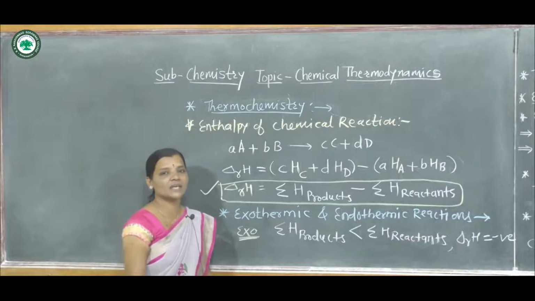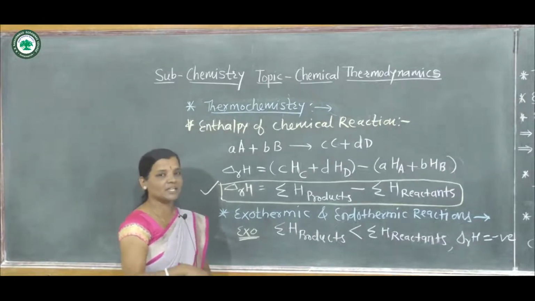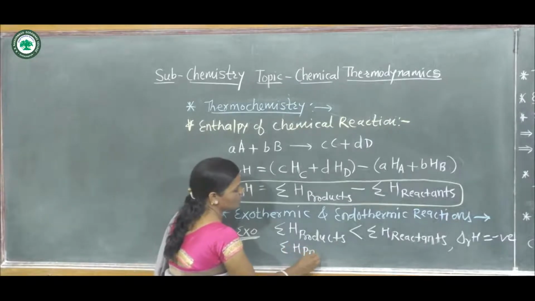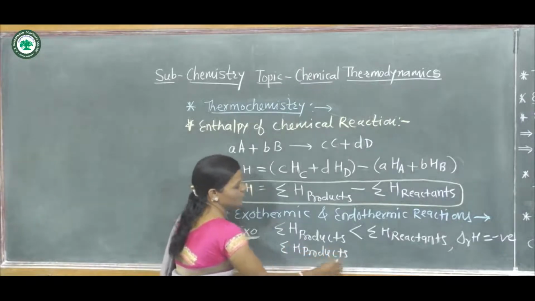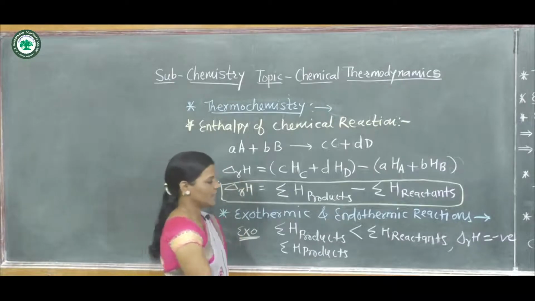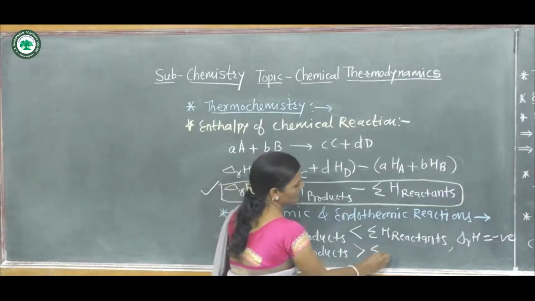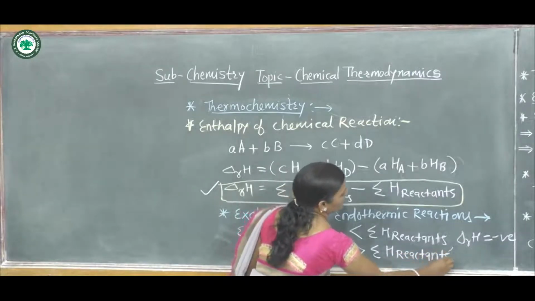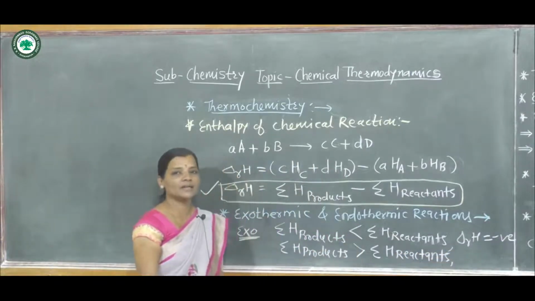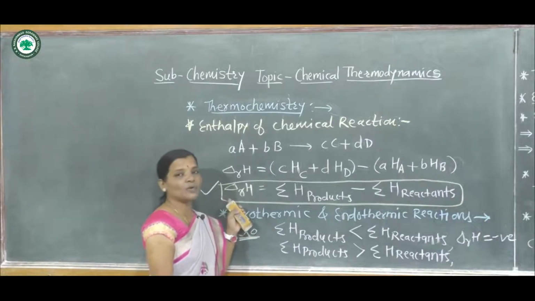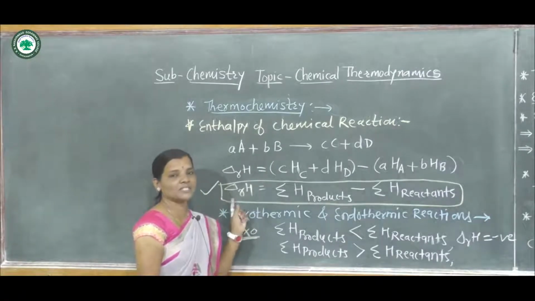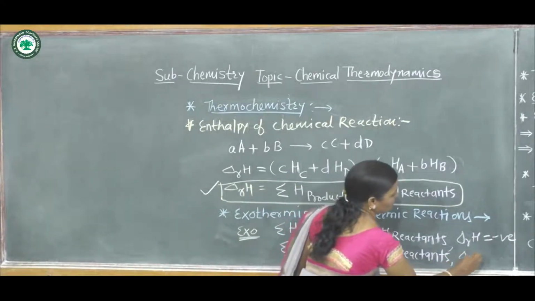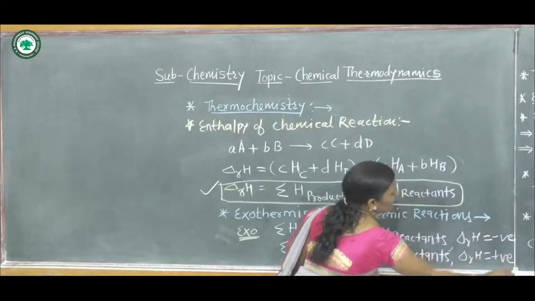And if the sum of enthalpies of products in a given chemical equation is greater than the sum of enthalpies of reactants, then the enthalpy change for this chemical equation is always positive.